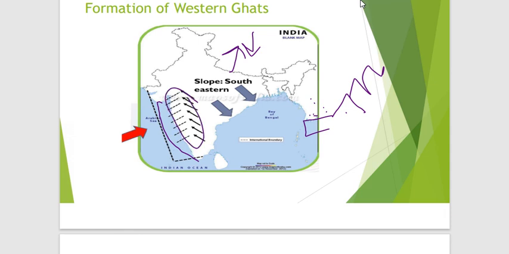That's the reason this is a shallower place when compared to the eastern coast, because here there are no mountains or anything, filled with only sediments deposited by Western Ghat rivers. But here there is a shallow place. Shallow means water which can be seen like this, shallow. So here it is beautiful.